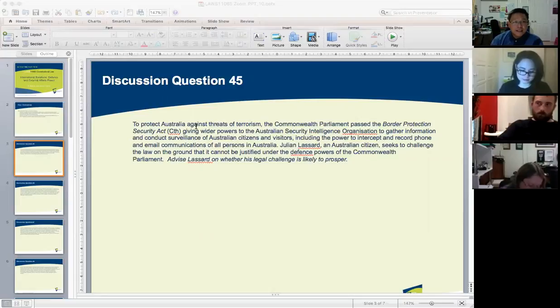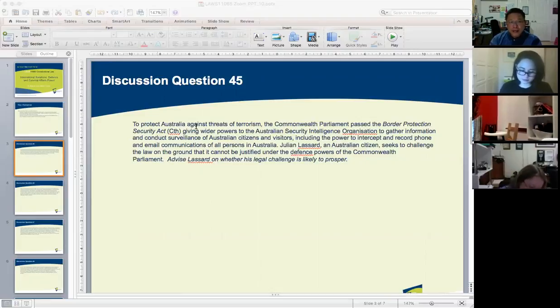So if there is legislation which is meant to be in relation to the defense of the Commonwealth and of the states, then the validity of that legislation will be examined on the basis of the purposive test of whether or not the legislation is in fact moving towards the purpose of defending the Commonwealth and the states.